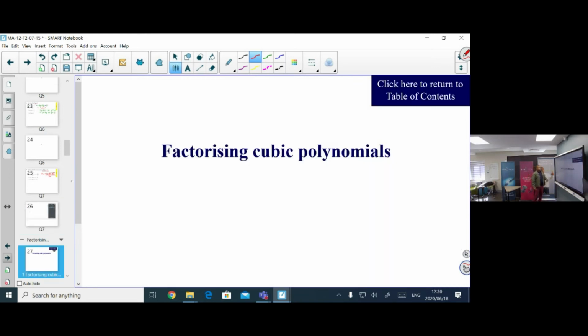Now, our main work for today is to look at factorizing cubic polynomials. It's very rare that in your grade 12 you go beyond cubic polynomials, even in your graphs as well as in your solving of polynomials.